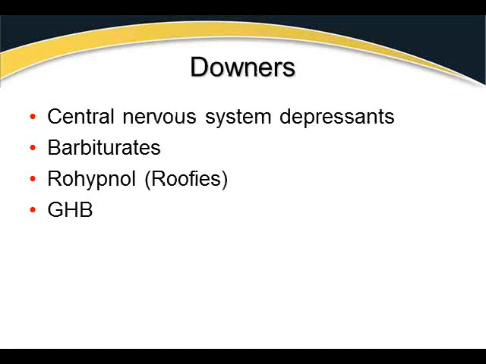Downers, on the other hand, are central nervous system depressants, such as barbiturates, Rohypnol, or roofies, or GHB. So we've got the date rape drugs here. Barbiturates are actually a common medical drug that formerly was used a lot for seizure patients.